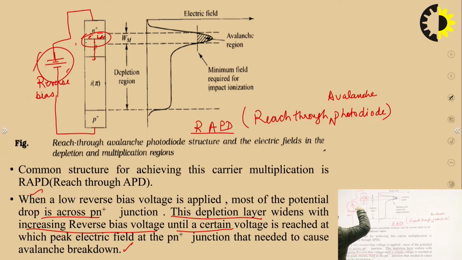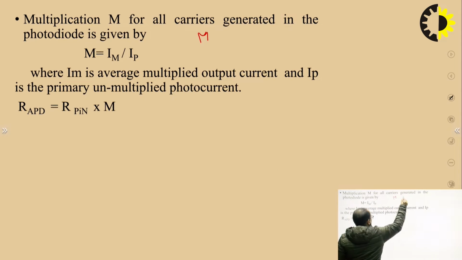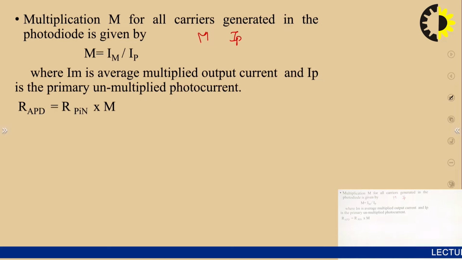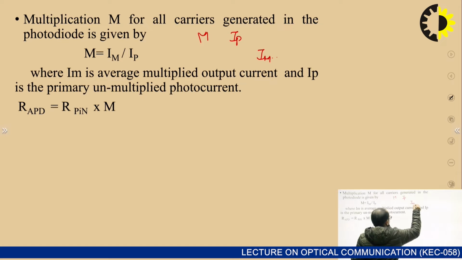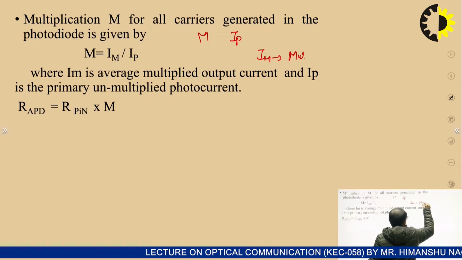This primary current is known as the IP current. But when avalanche breakdown is there, the current which is generated is known as IM, that is the multiplied photocurrent.